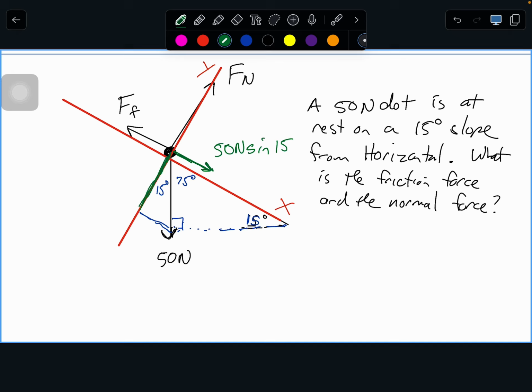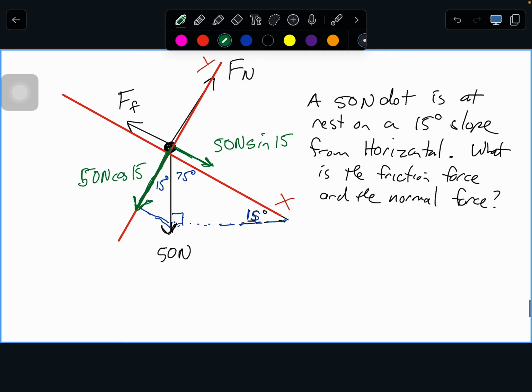It's going to make this vector going down this way 50 newtons times the cosine of 15. I did that last time too. 50 newtons, my bad. So you got 50 sine 15 and 50 cos 15. And I've resolved that gravitational force vector. Make it nice and bold. And now you can write your particular equations.